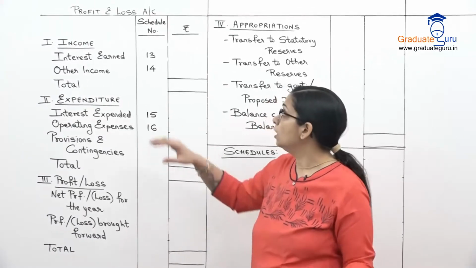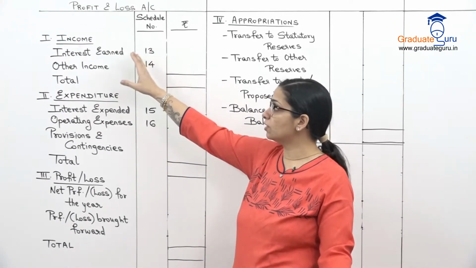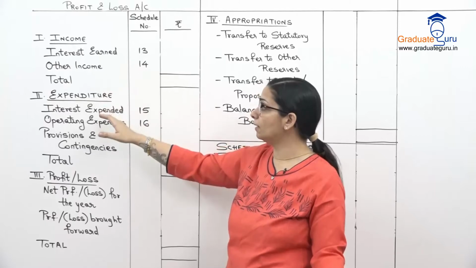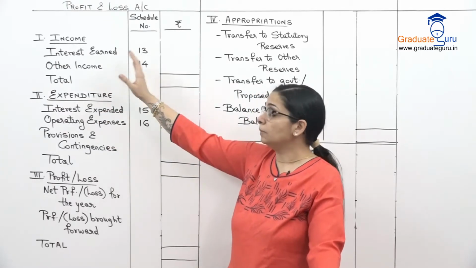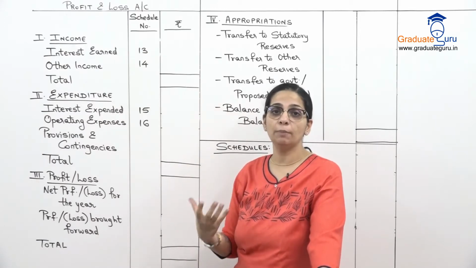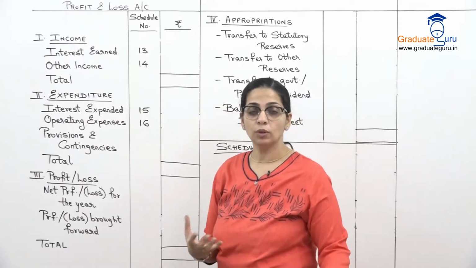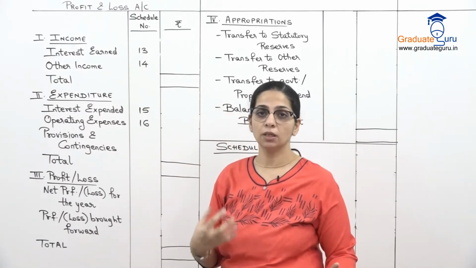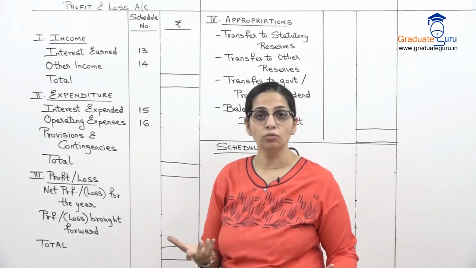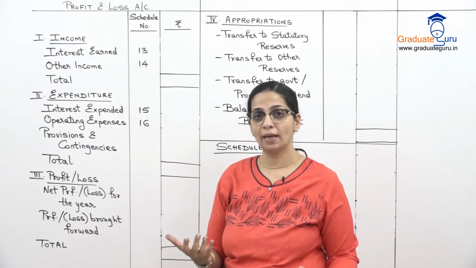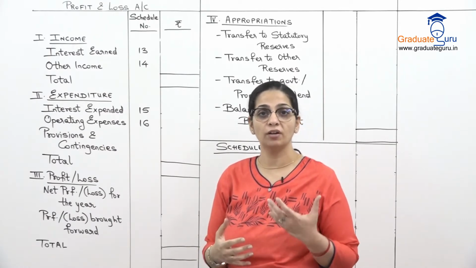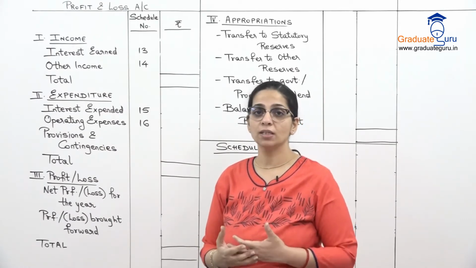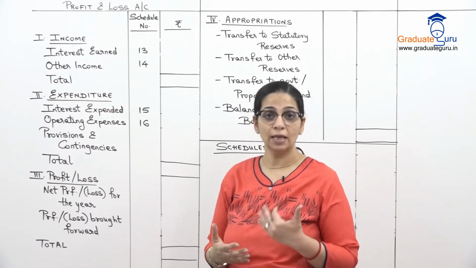So profit and loss account is divided into basically income and expenditure like any profit and loss account. Income, the major income of any bank would be interest. क्योंकि बैंक का main काम है accepting deposits and giving loans. So on the loans which the bank gives, on the advances जो हमने last session में schedule देखा था for advances, उन सारे advances पे bank earns some interest.